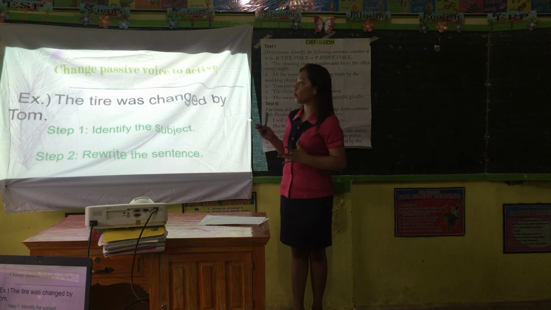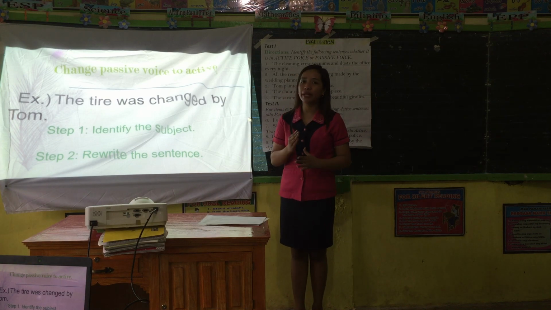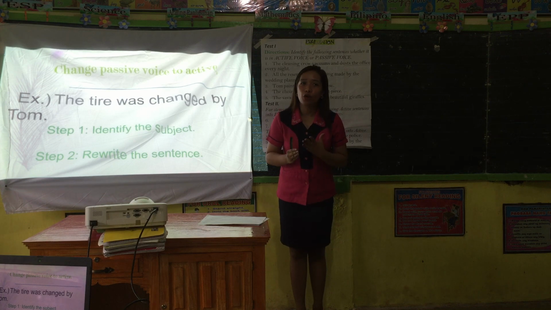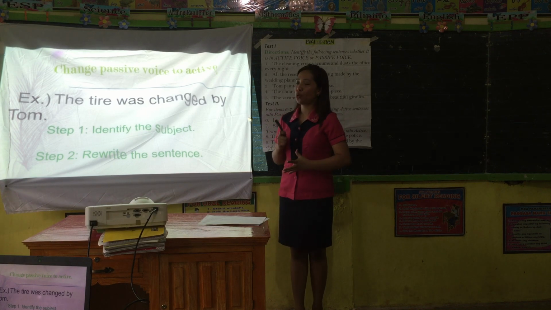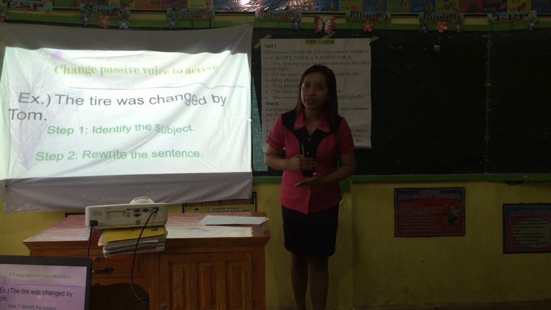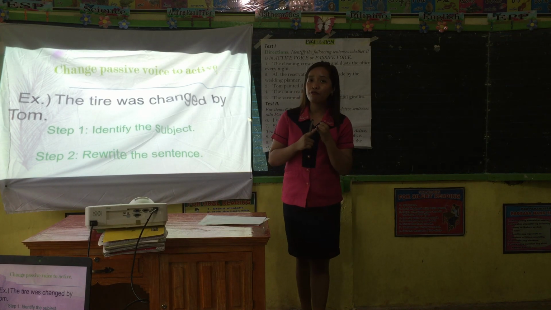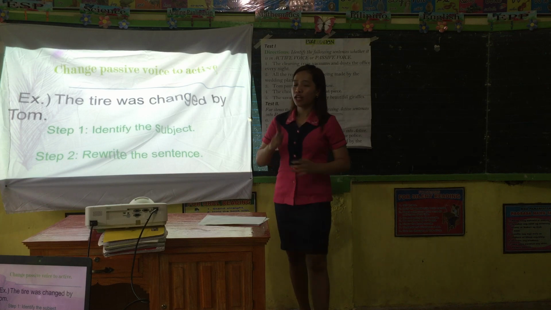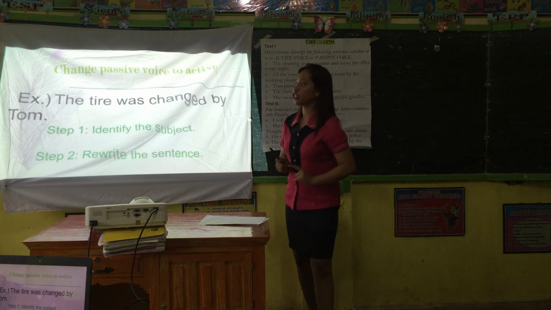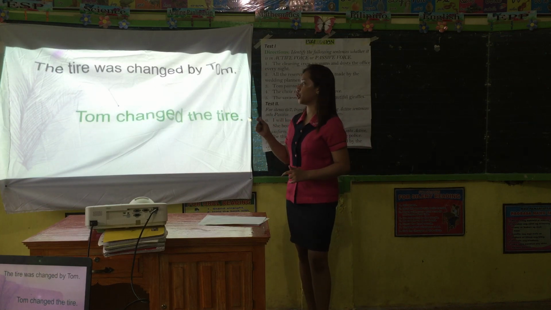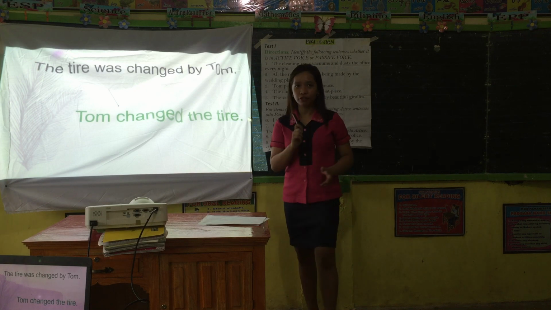So, we are going to rewrite the sentence and transform it into an active form. If we transform it into an active form, the subject should come first before the action. So, it will be changed into Tom changed the tire.